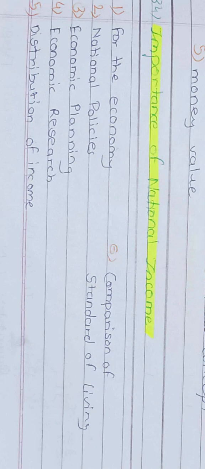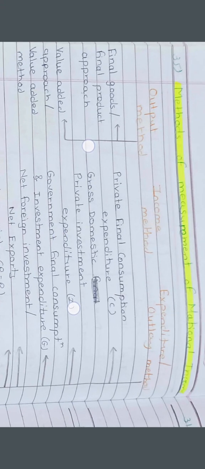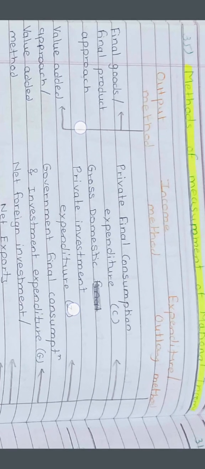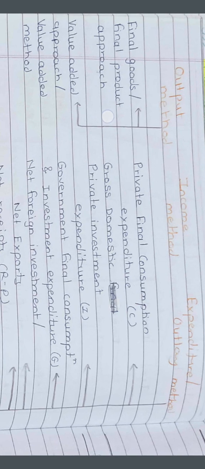Methods of measurement of national income: first is output method, second is income method, and third is expenditure or outlay method. Output method contains final goods and final product approach, value added approach or value added method.